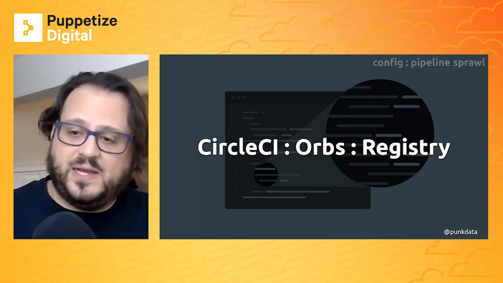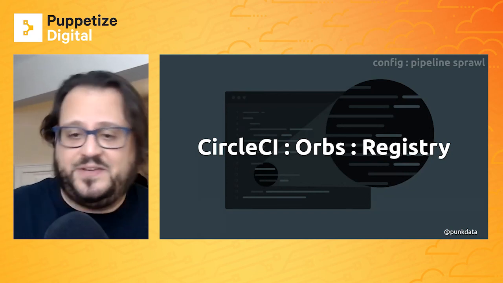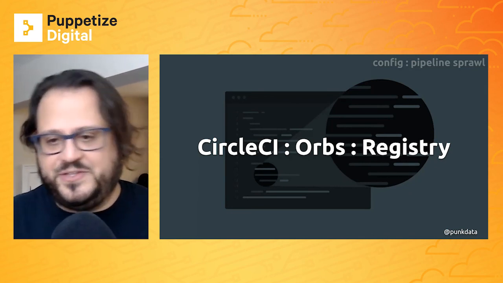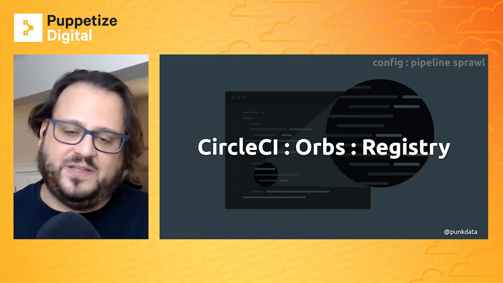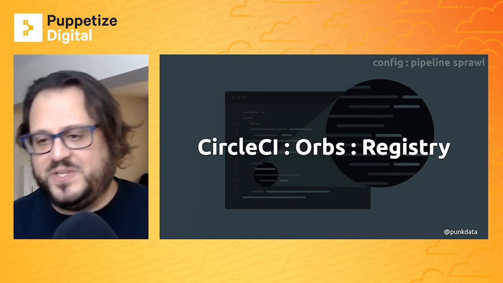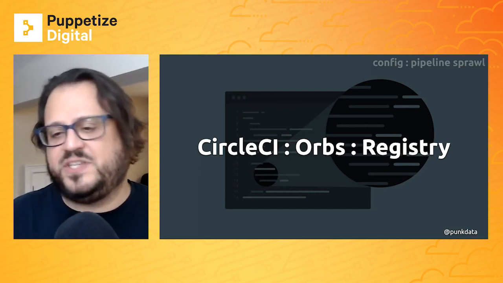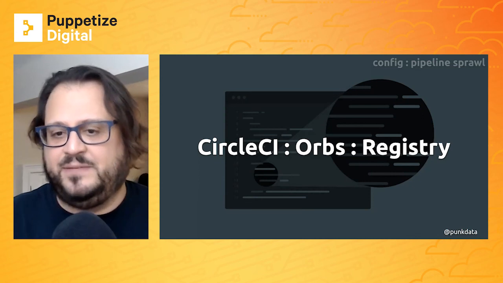And also, we have a lot of partners and vendors and we share a lot of customers. Customers are using certain tools within their pipelines. We actually have a ton of partners that have written orbs so that our users can easily implement that functionality into their CI/CD pipelines really, really easily.